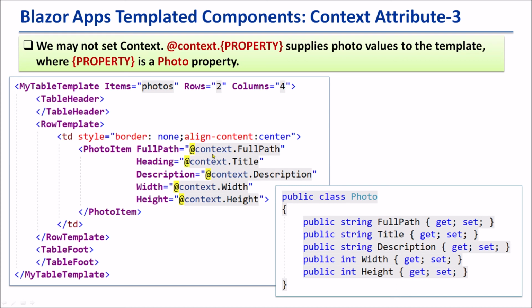Namely, I may use the context keyword without any explicit declaration. Actually, this context attribute implicitly points to the photo item because we are assigning this photo list to the Items inside the template. Therefore, automatically the context element gets the photo object.